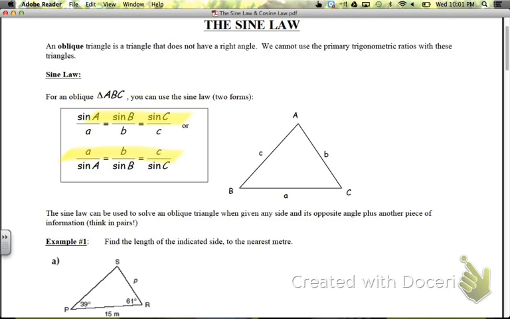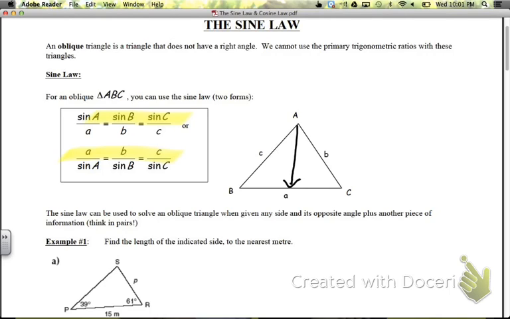Now notice also, when we're labeling an angle, angle A, for instance, we have sine A. We will use an uppercase A to show that. And the side, which is opposite, for instance, angle A is side A, but we represent a side with a lowercase letter.